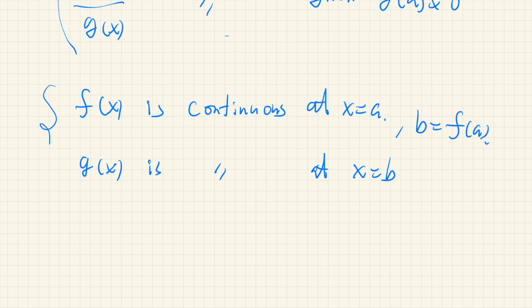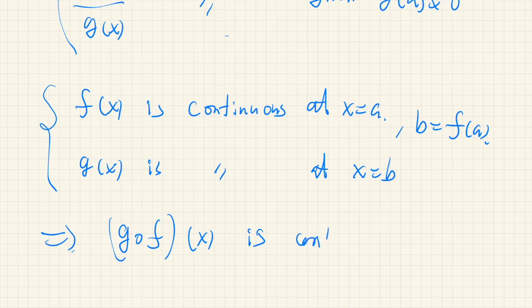Okay, then their composite g after f is continuous at x equal to a. So this is also inherited from the property of limit of function composition.